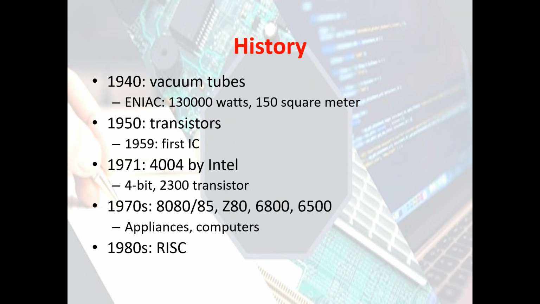The 1970s witnessed the rise of processors like 8080, 8085, Z80, 6800, and 6500, powering both appliances and computers. The 1980s saw the advent of reduced instruction set computing or RISC architectures, emphasizing streamlined instruction sets. This chronological progression illustrates the transformative journey from bulky vacuum tubes to the more efficient and powerful microprocessors of the modern computing era.